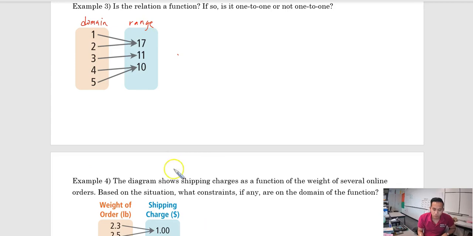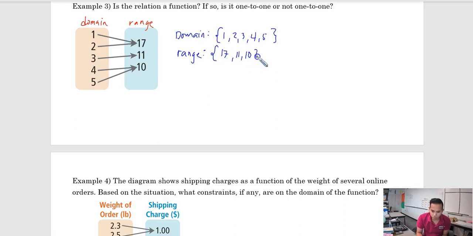Okay, so by just looking at it, the domain is the set of numbers 1, 2, 3, 4, and 5, and then your range, these are the dependent values here. We have 17, 11, and 10.